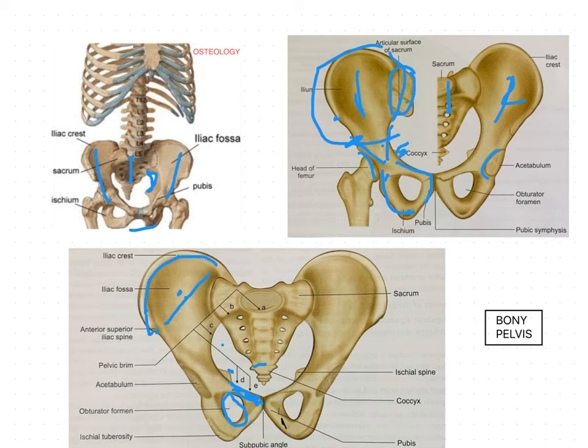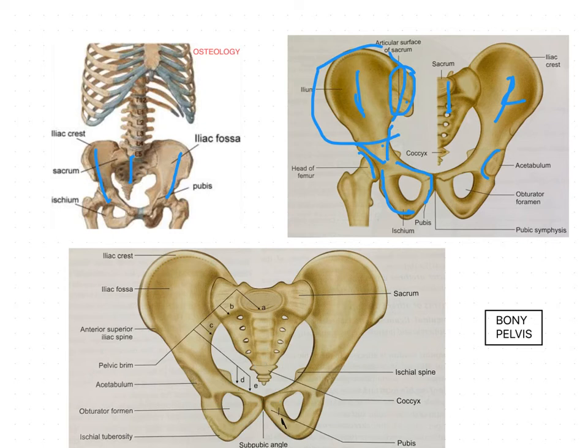Okay, now we'll see. This pelvis is divided into two divisions: one is called the greater pelvis and the other the lesser pelvis. The greater pelvis is called the false pelvis and the lesser pelvis is called the true pelvis.